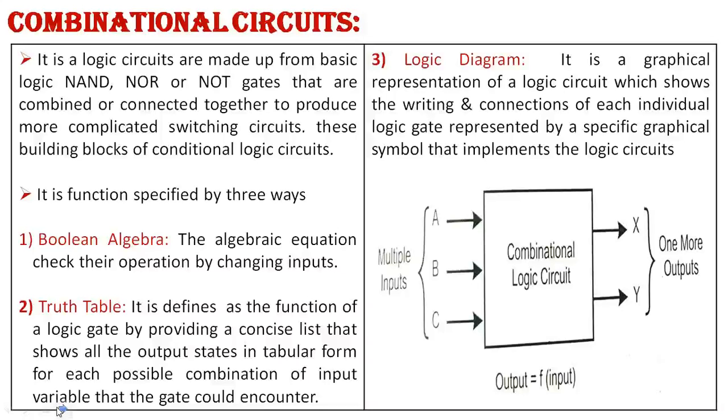Third is the logic diagram. It is a graphical representation of a logic circuit which shows the wiring and connection of each individual logic gate, represented by a specific graphical symbol that implements the logic gate. So here we see the block diagram of a combinational logic circuit: multiple inputs and one or more outputs.